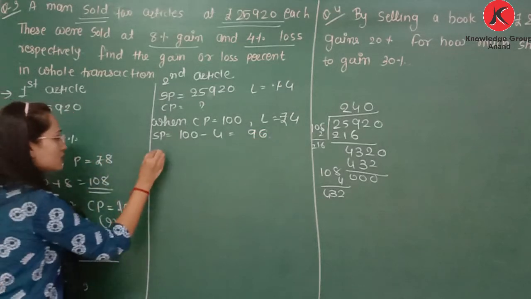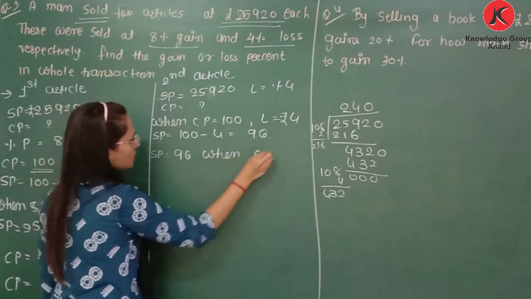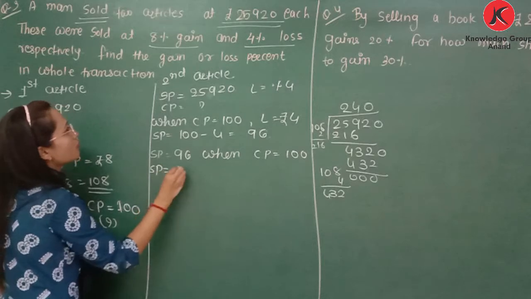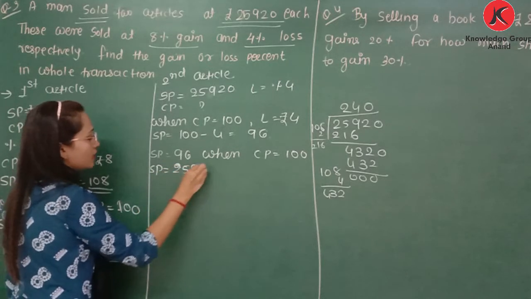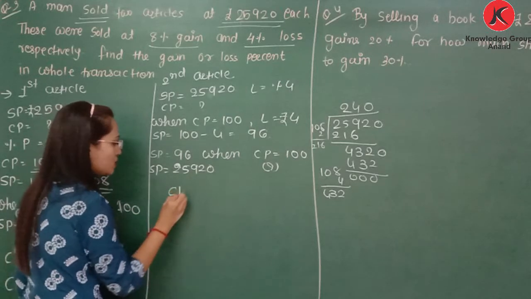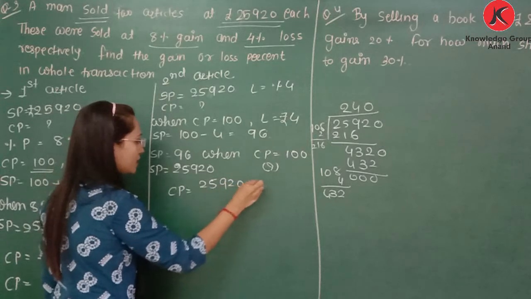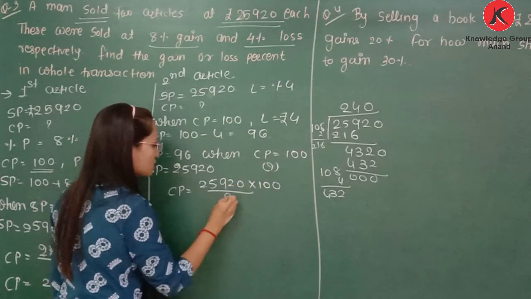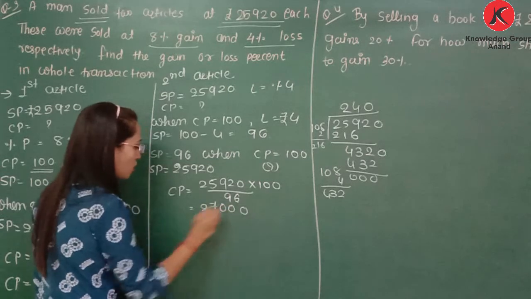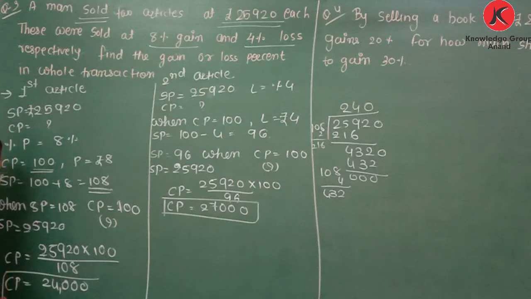So SP is 96 when CP is 100. So when SP is 25,920, what is the CP? So cross multiply to find the cost price: 25,920 multiply 100 divide 96. If you divide this, you will get 27,000. That is the cost price of the second article, and this is the cost price of the first article.